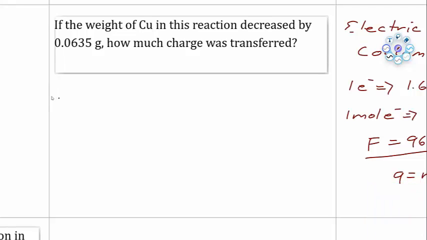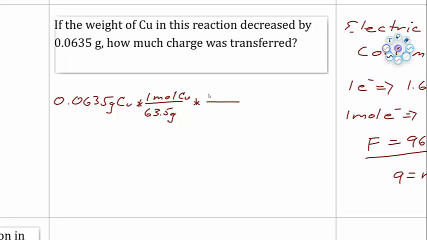Let's start off with 0.0635 grams of copper. We want to convert that into moles. 1 mole weighs 63.5 grams. Now that's moles of copper, and we want to convert this into moles of electrons for our equation. And we saw that there are 2 moles of electrons transferred for each 1 mole of copper.